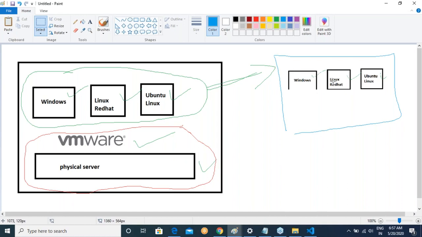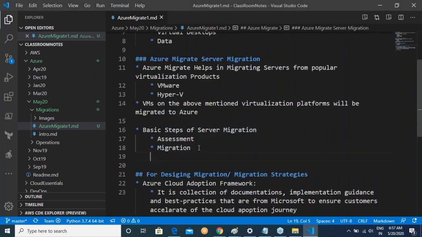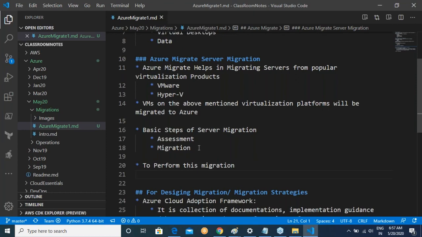To perform this migration, there are two things you need to understand.